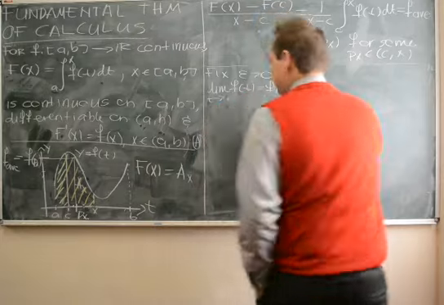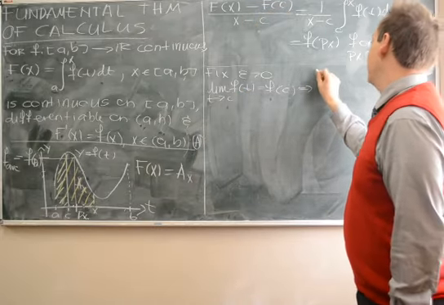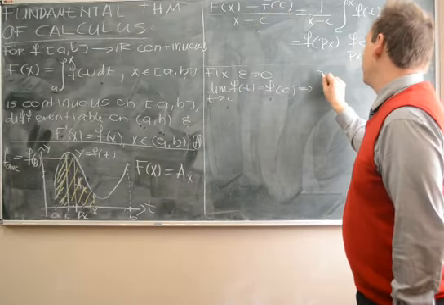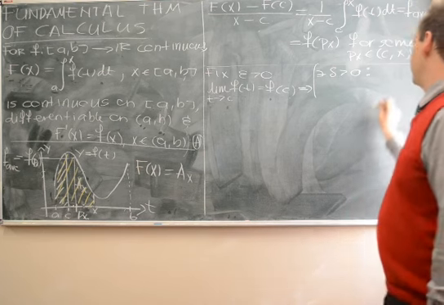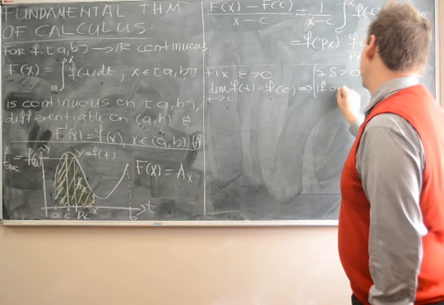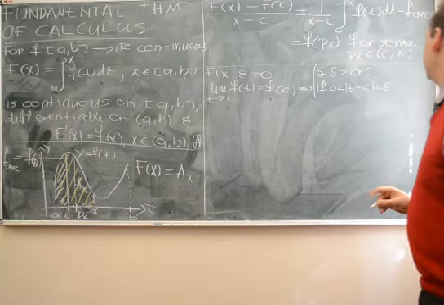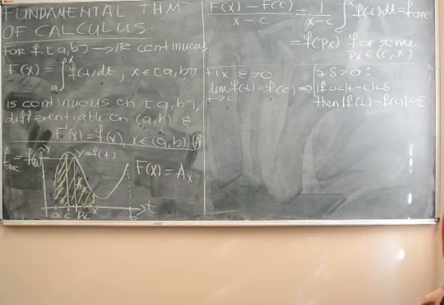Because of this, and the definition of a limit, we know that we can find a number delta bigger than 0, so that if the distance between t and c is less than delta, then the distance between f of t and f of c is less than epsilon.